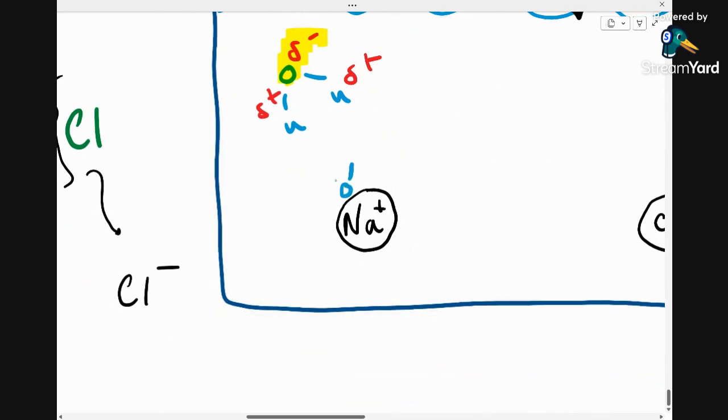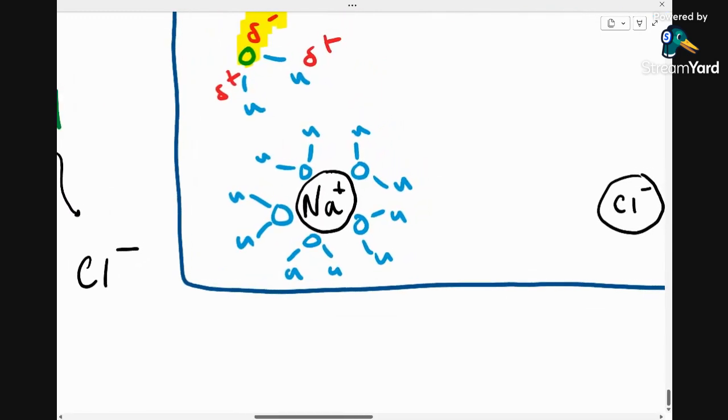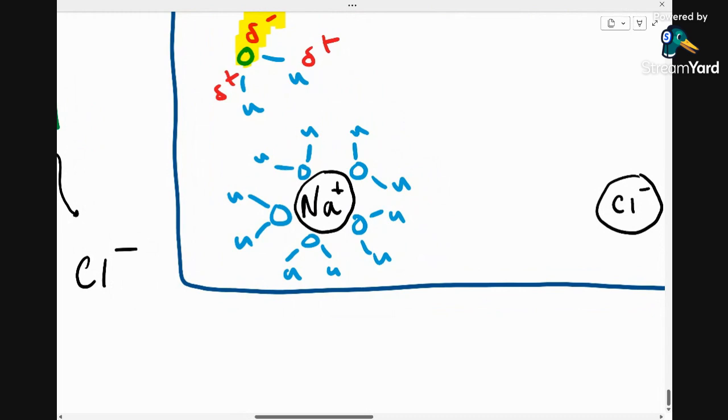So water molecules actually surround the sodium like this. Because the delta negative oxygens are going to be interacting electrostatically, the electrostatic force of attraction, with the positively charged ion.